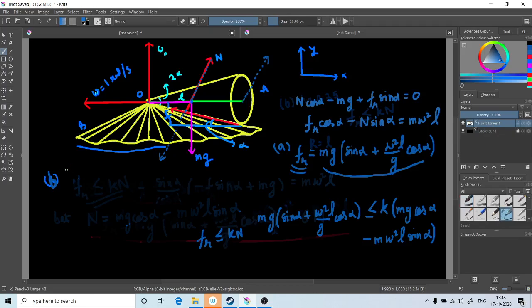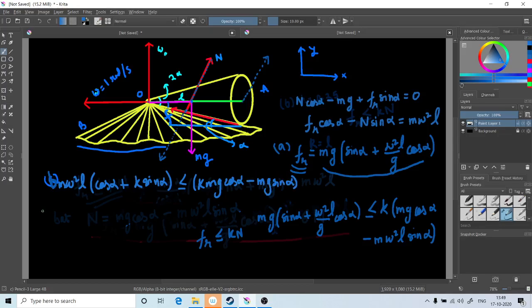Rearranging, we get m omega square L times cos alpha plus k sin alpha less than or equal to k mg cos alpha minus mg sin alpha.